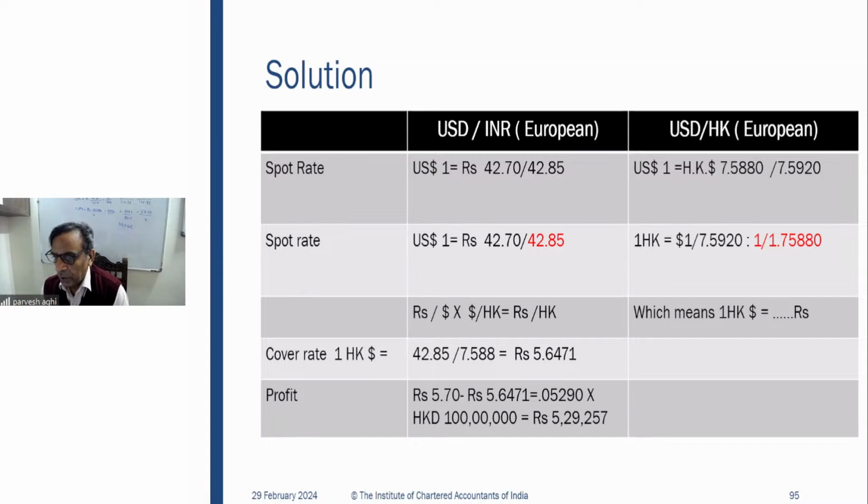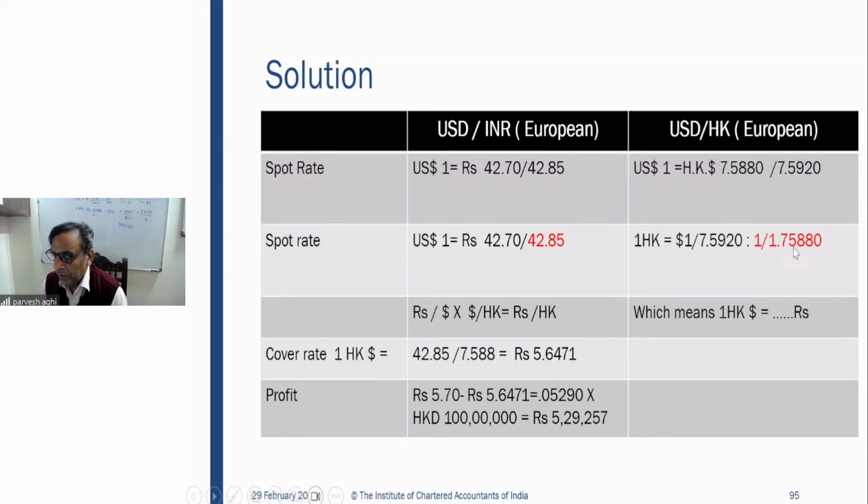If you look at the second box, the first quote is okay. So you're going to buy dollars at 42.85. Then you're going to go to the Hong Kong market and buy Hong Kong dollars. The rates are given as 1.7920 and 1 divided by 1.75.